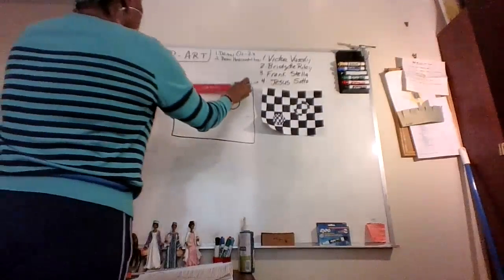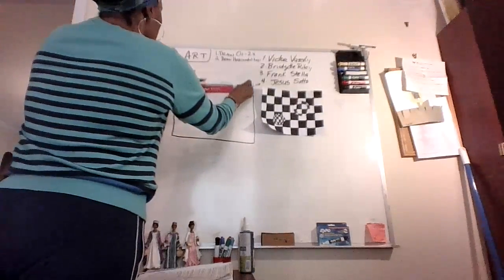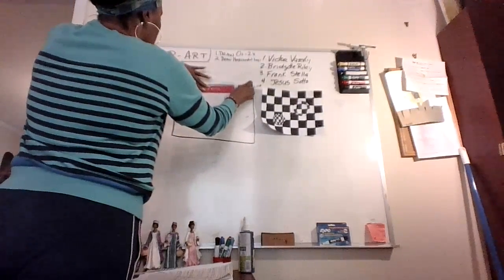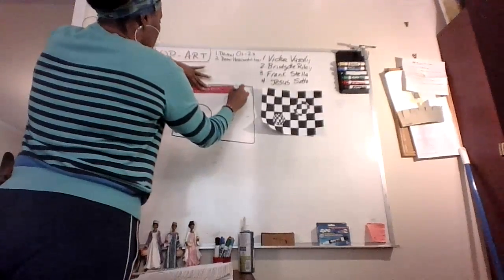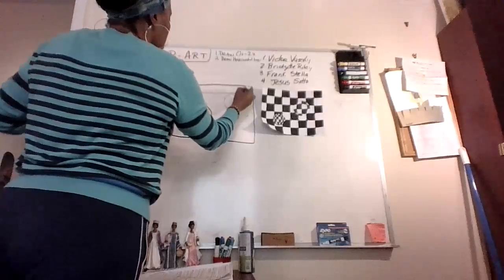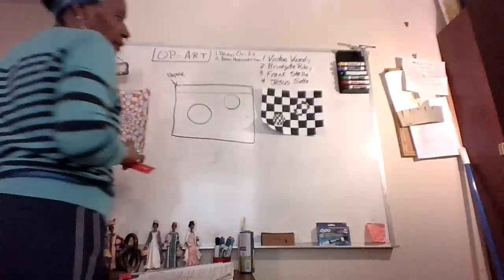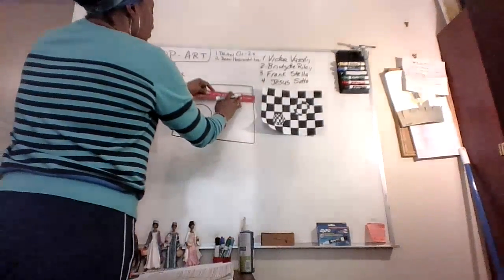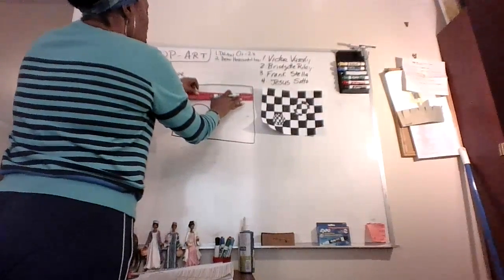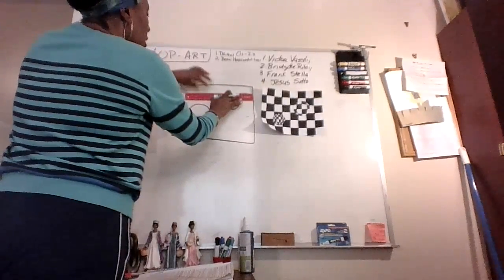So I'll start here. Again, if you don't have a ruler, just draw freehand. Try to make them as straight as possible. I'm now overlapping my ruler on top of where my circle is.